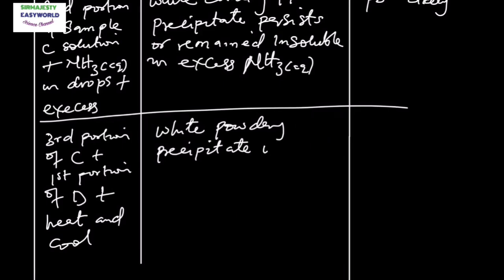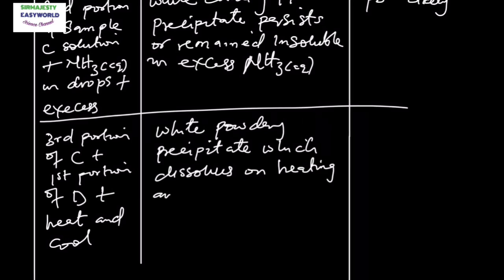White powdery precipitate, which dissolves on heating and reappears on cooling. So this time around it is double decomposition that is taking place.